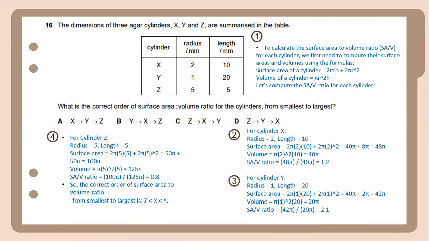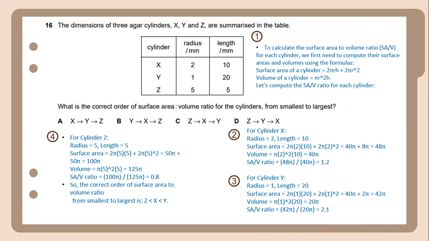The dimensions of three agar cylinders X, Y, and Z are summarized in the table. To calculate the surface area to volume ratio, SA over V, for each cylinder, we first need to compute the surface area and volume using the formula.